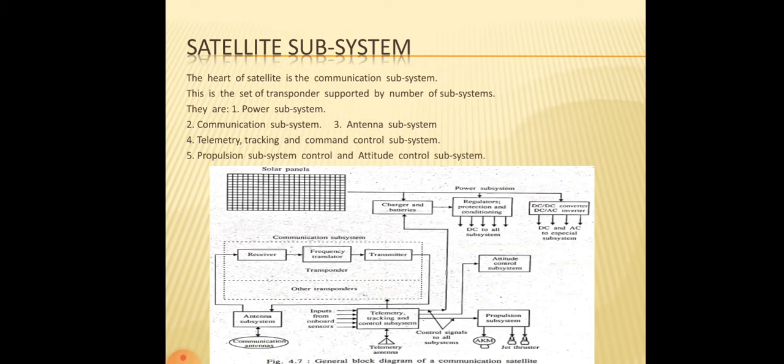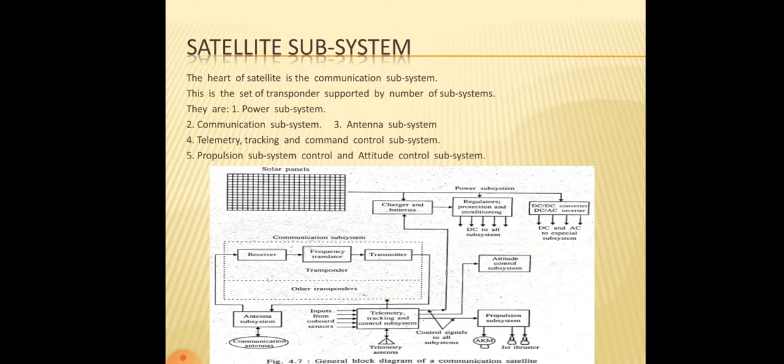Then next, the communication subsystem. The communication subsystem consists of multiple transponders which receive uplink signals and amplify them, then apply them to a frequency translator, which converts them into the downlink signal for transmission. You can see this in the diagram.